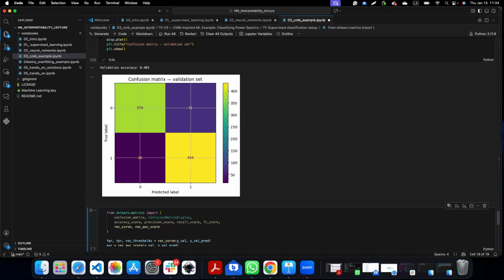And 434 of our alternative model, that is also the same data of the angular power spectra, were correctly classified also as the alternative model. So only 16 and 71, well, 71 is a bit, but only these two numbers seem to be misclassified.